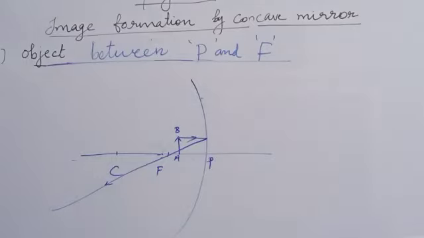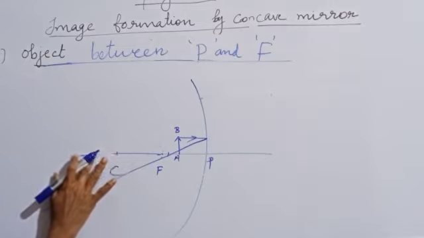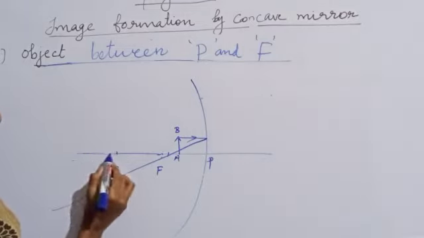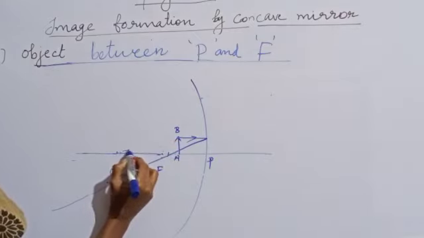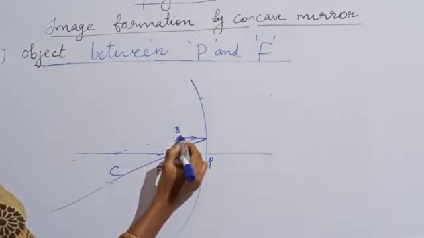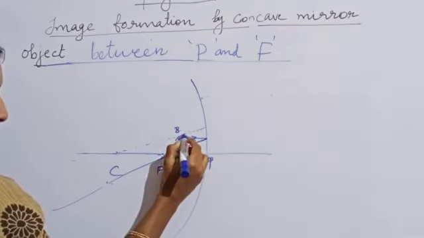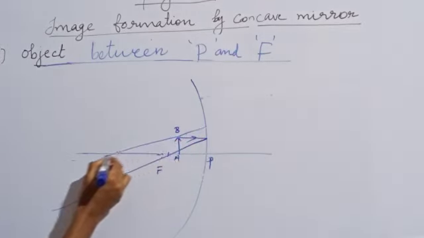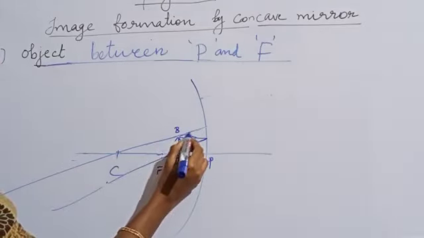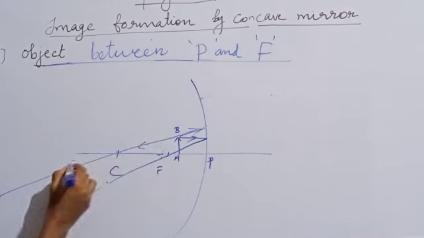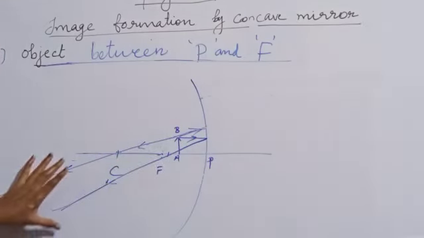Next we can select the ray passing through the center of curvature C. The ray passing through the center of curvature again returns back through the same path. So draw that. It is moving towards the mirror and returns back along the same path. So it will not intersect at this point.